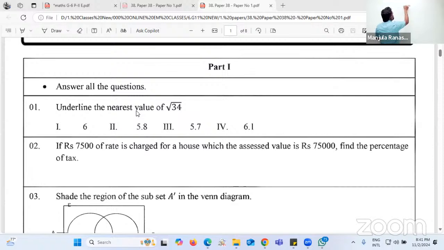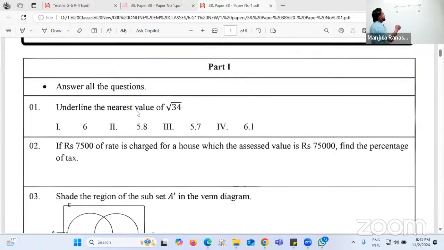Then you check the lower and the upper perfect squares. What is the lower perfect square for 34? That is 25. The upper perfect square is 36. Now you check the square roots: 5 and square root of 36, 6.